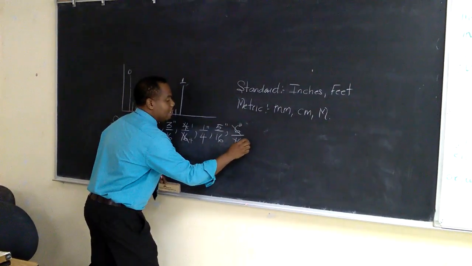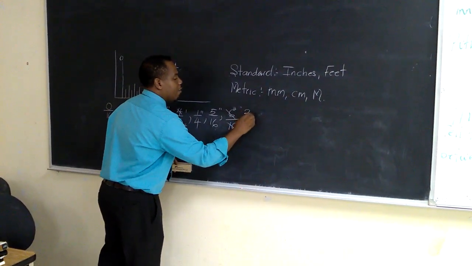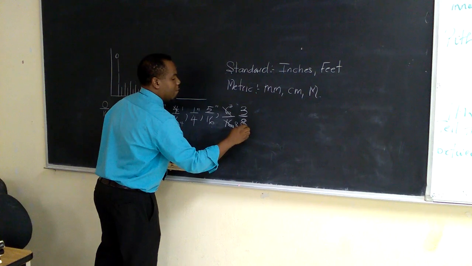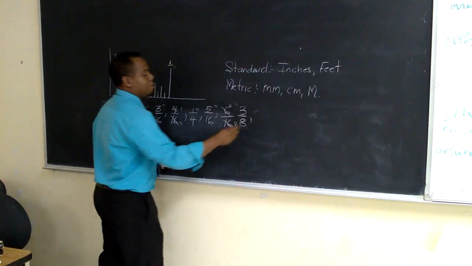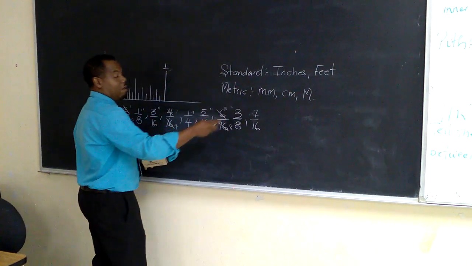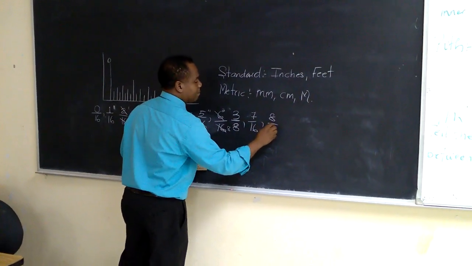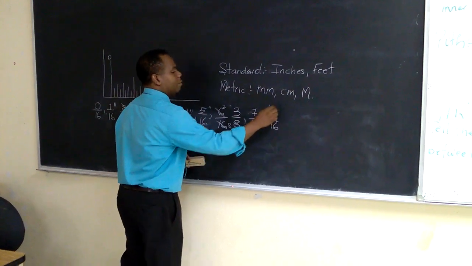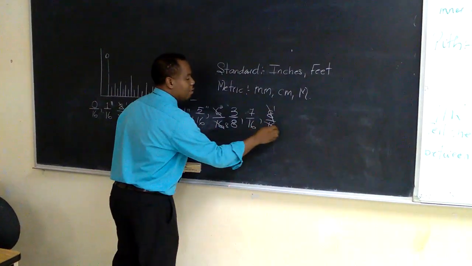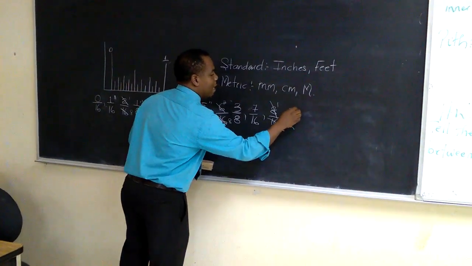It will go into 16 8 times. So instead of saying 6/16, we will say 3/8 of an inch. We continue to count on to 7/16. 7 being an odd number, that remains. Then 8: of course, we know that 8 can go into itself once, it can go into 16 2 times. Therefore, it becomes 1/2 of an inch.